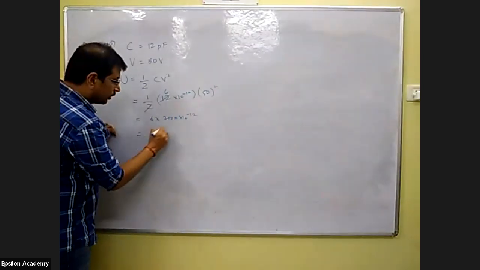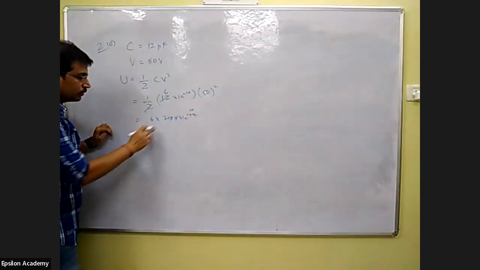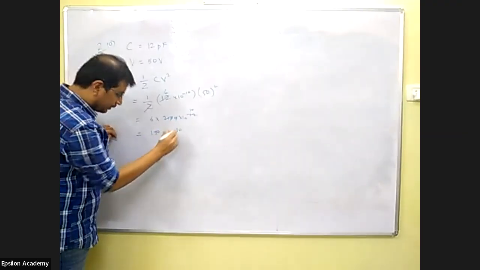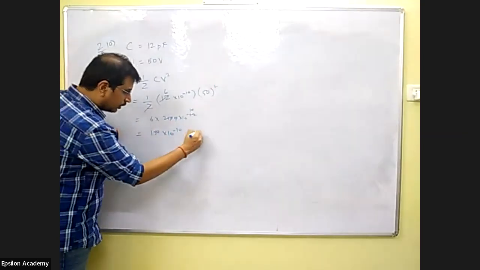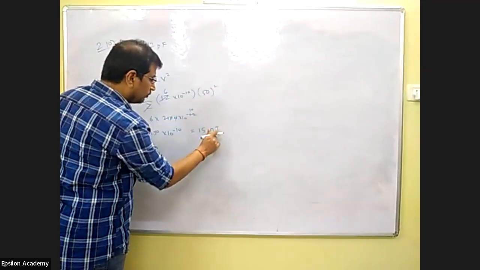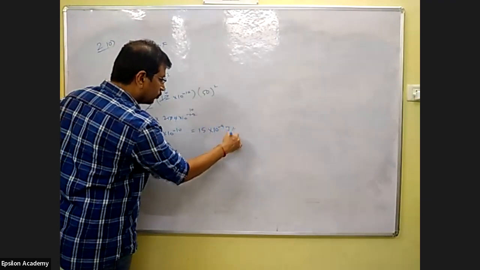So how much will it be? 2 zeros will get cancelled. So 25 into 6 is 150. So 150 into 10 power minus 10. Or I can write it as 15 nano joule, actually 15 into 10 power minus 9.